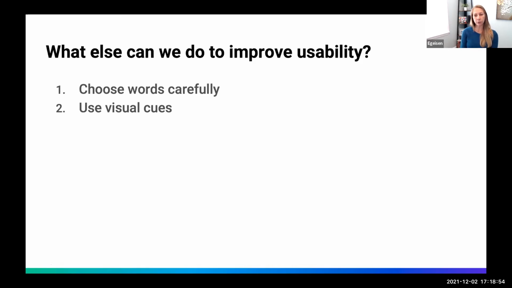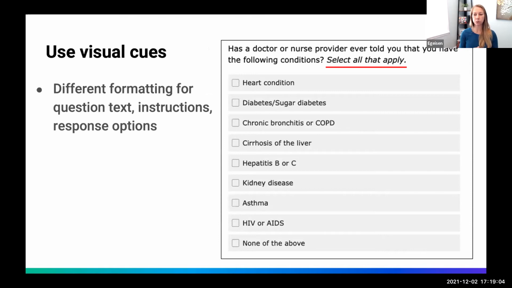Another thing we can do is use visual cues instead of words to convey meaning. With that last example, I actually did this in 2 ways. The first was that I put the instructions in italics. You'll notice that select all that apply. I did that because research suggests that people are less likely to read text in italics. So I'm using this fact to make sure that the information I want them to read, the question text, is what stands out.